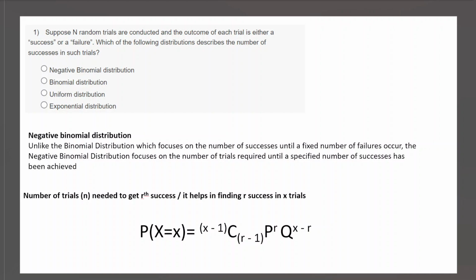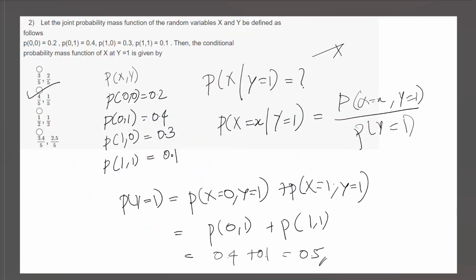In the last question also, I think you have got it right. I will explain the problem again. They asked for the conditional probability mass function when y is equal to 1. When y is equal to 1, what is the conditional probability of x? For that, the formula is p of x, p of x is equal to x, which we have to find out.